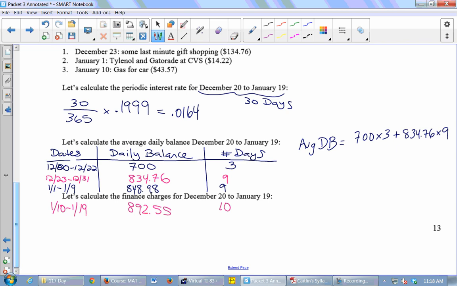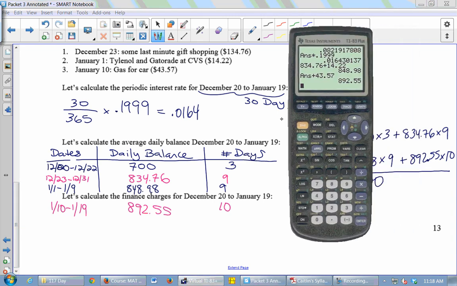So this is like adding 834.76 9 times, once for each day that was the balance. Plus 848.98 times the number of days that was the balance, which is 9. And then one more plus 892.55 times 10. And then we have to take all of that and divide by the number of days in this month, which we said is 30.